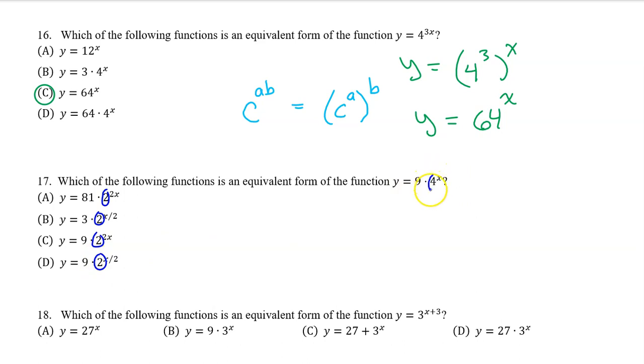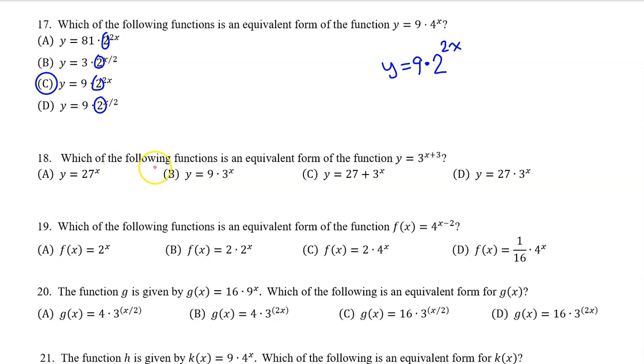If I want to rewrite this so that I have a 2, I could rewrite 4 as 2 squared. The x is still there, so 4 to the x can be rewritten as 2 squared to the x, which is 2 to the 2x. Then I'm just going to bring down the y equals 9 times the rest of this. Based on that, I can already see that the answer is C.